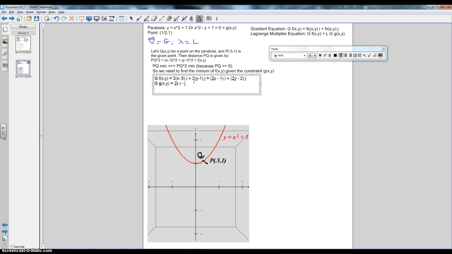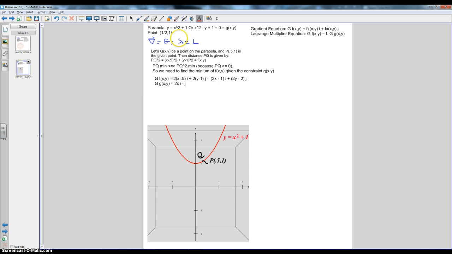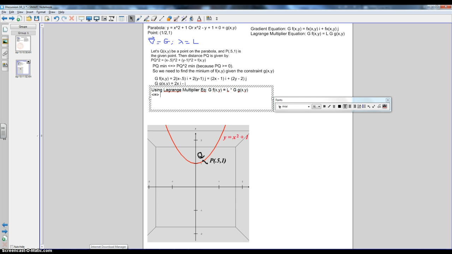So using the Lagrange multiplier equation, we have gradient of f equal lambda times gradient of g, if and only if 2x minus 1 equal 2x lambda, let's call it 1, and 2y minus 2 equal minus lambda.